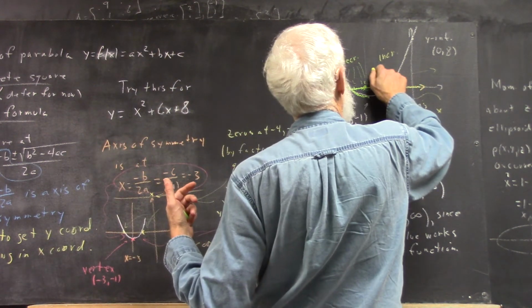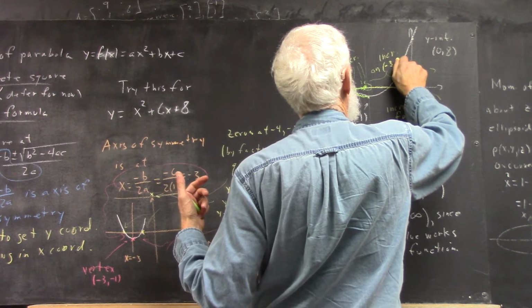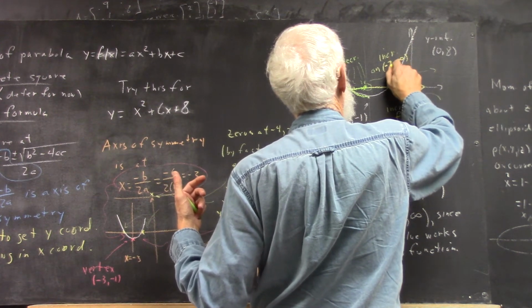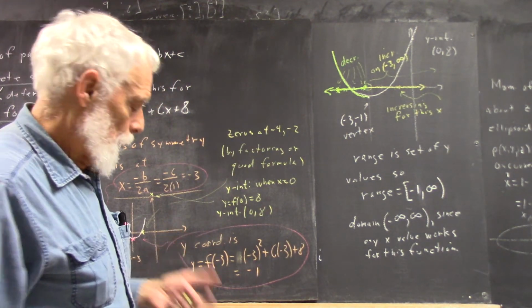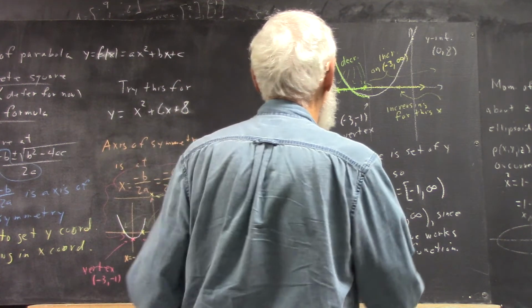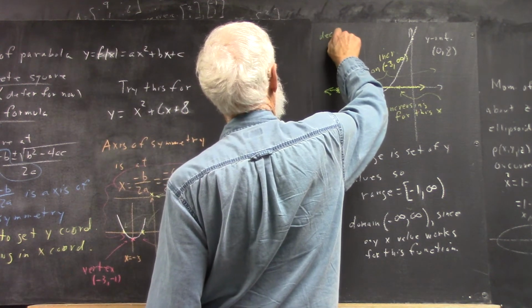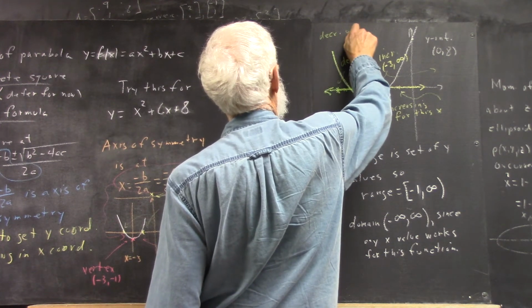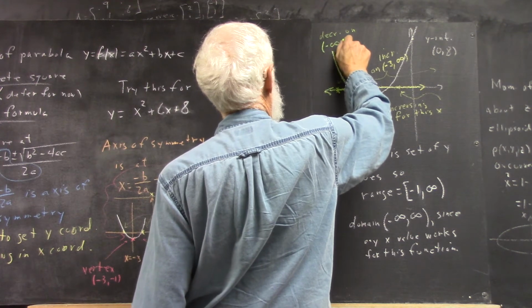Okay, increasing on the interval -3, infinity. Okay? And decreasing on what interval? -1 to infinity. Yeah, but you want to start to the left, so you got to write that as negative infinity to -1.